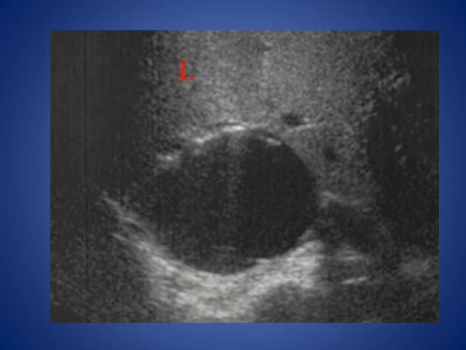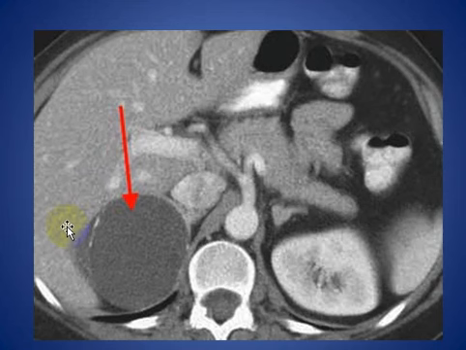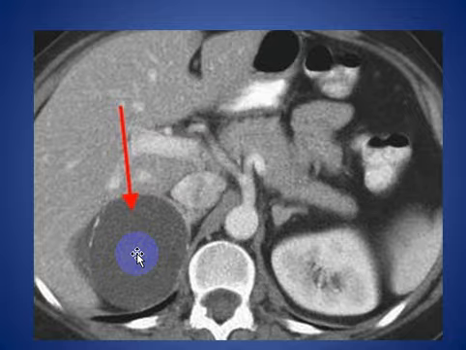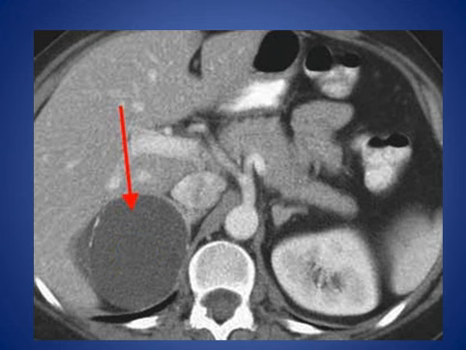Here, the same patient has a CT scan, and we see the curvilinear calcification and the cystic component or water attenuation component of the right adrenal cyst due to hemorrhage or pseudocyst.